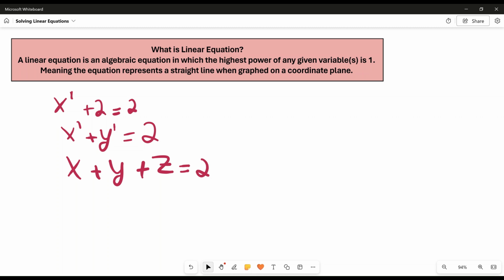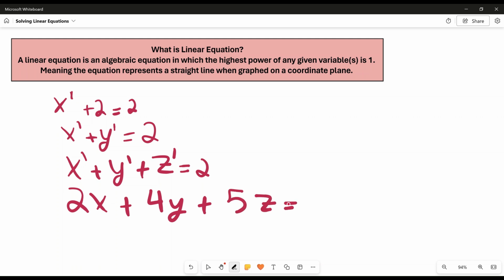It's always going to be to the power 1, regardless of how many variables you have in one equation. You have 2x plus 4y plus 5z plus 2f. It doesn't matter what variable you have, it's always going to be to the power 1. That's what makes an equation linear.